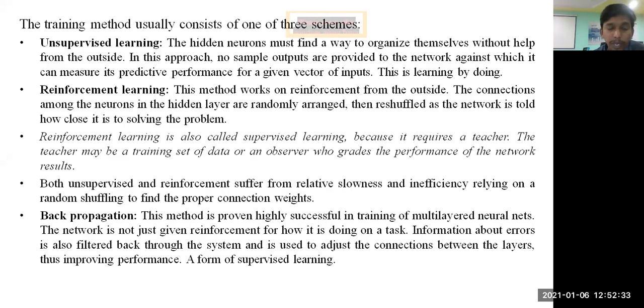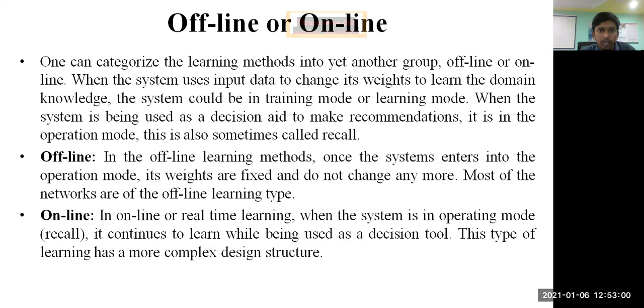Because backpropagation is one important concept with respect to changing your weights, it also comes under supervised machine learning concepts. Information about errors is filtered back through the system and is used to adjust the connections between the layers, and thus the performance can be improved. A designer needs to look into these things whenever designing an artificial neural network.